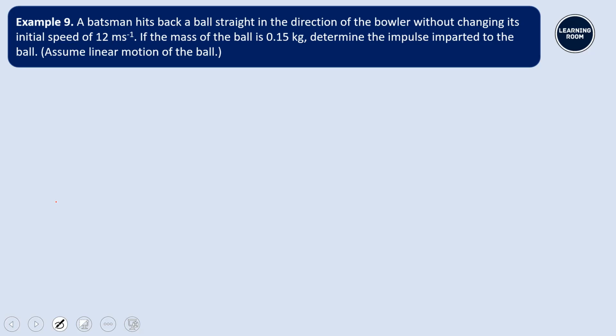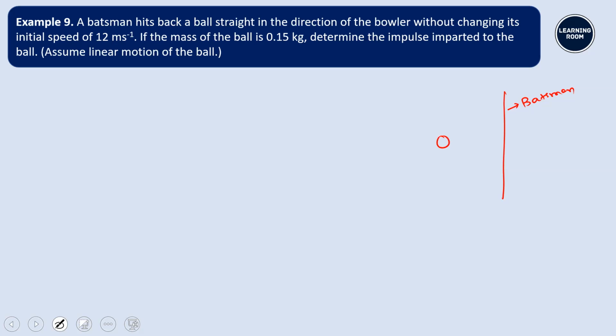Okay, so let's say this is the bat. As of now, let's say the bat is kept straight, then you can hit it directly. If the bat is inclined, you actually change the direction, about which we'll see later. So the bat is vertical like this, the ball has come, and the ball is sent back to the bowler itself, in the same direction. That's what they mentioned: in the direction of the bowler without changing its initial speed.